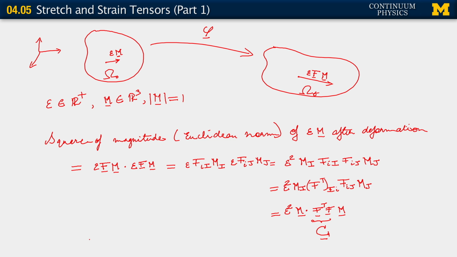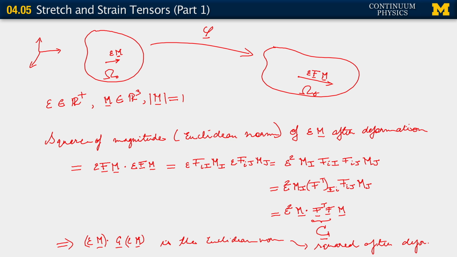So what this little exercise above implies is that epsilon m dotted with C acting on epsilon m, and let's just remember that that's a vector, that's another vector, is the Euclidean norm squared after deformation.